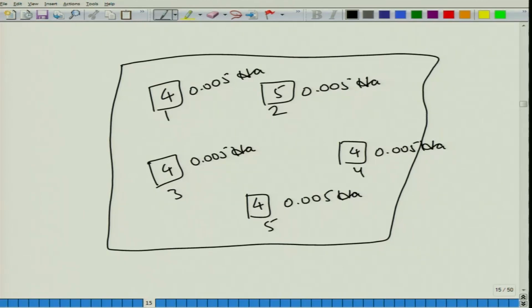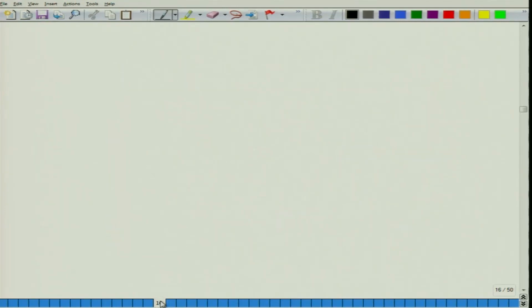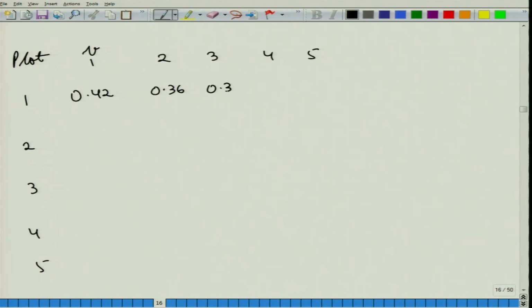Now, in the first sample plot, out of these 4 trees, we have computed the volume of each tree and that is given in the question. So, for plots 1, 2, 3, 4 and 5, the volume V for tree number 1, 2, 3, 4 and 5 is given. Here you have 0.42 cubic meter, 0.36 cubic meter, 0.39 cubic meter, 0.27 cubic meter and this does not have any tree here.